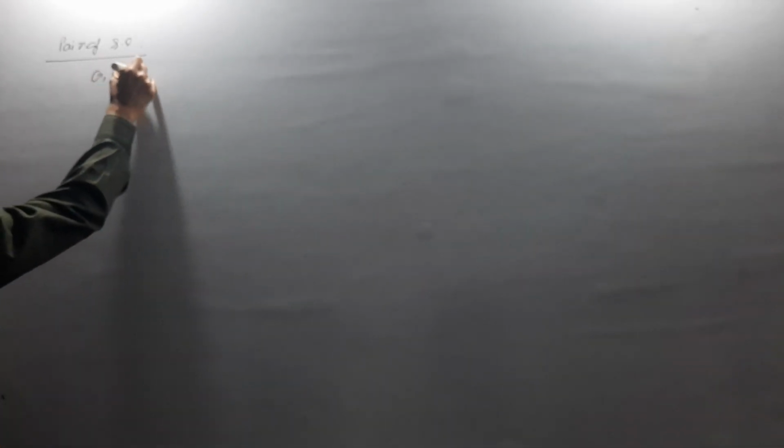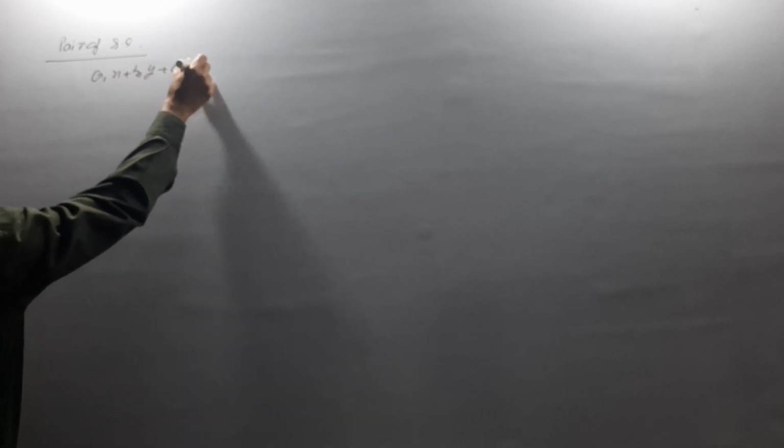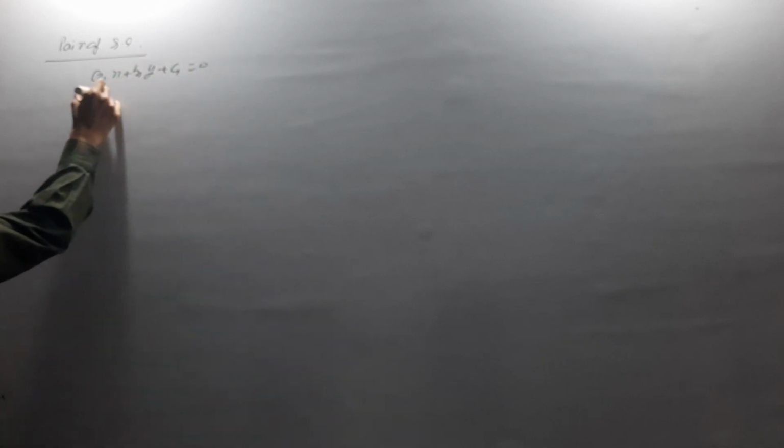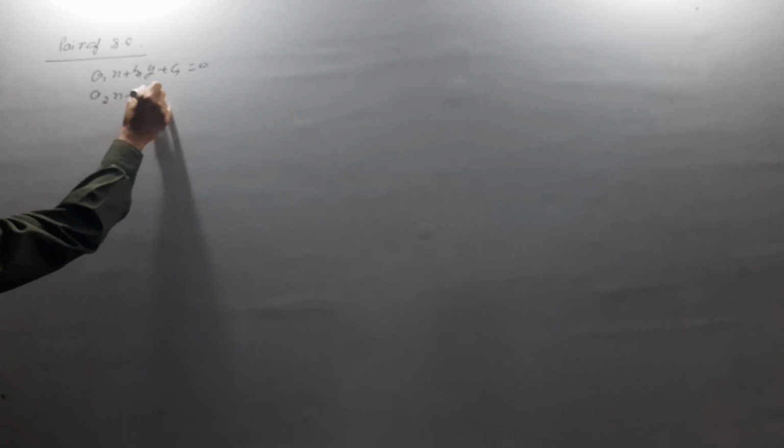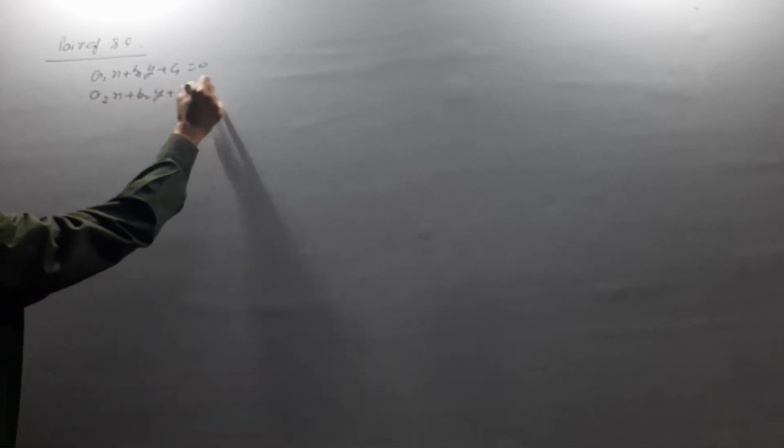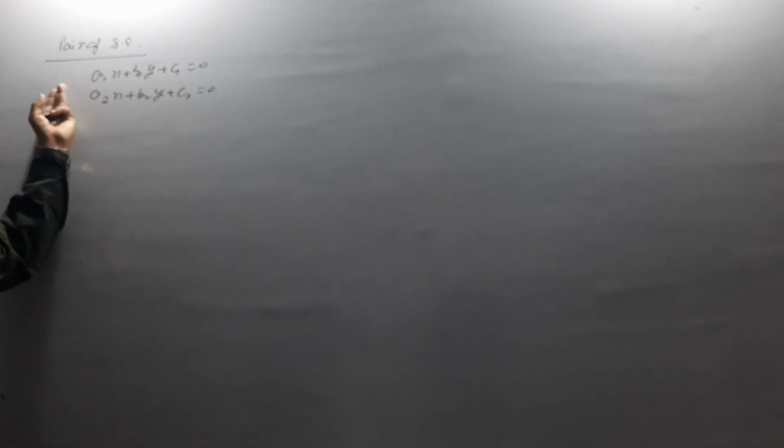Pair of straight lines means if one line is a1x plus b1y plus c1 equals 0 and the other line is a2x plus b2y plus c2 equals 0. All terms must be on one side.